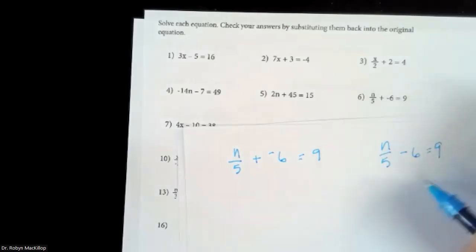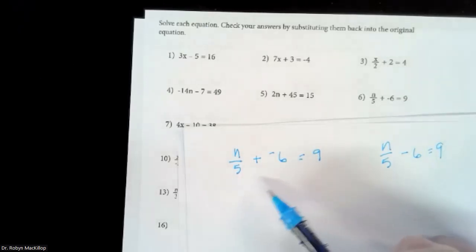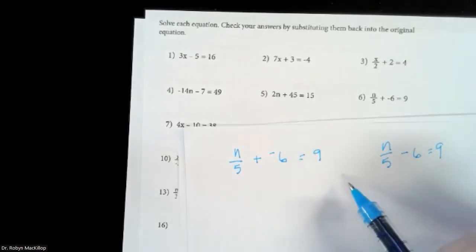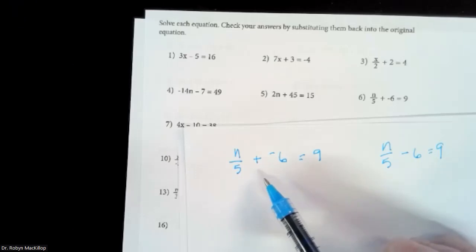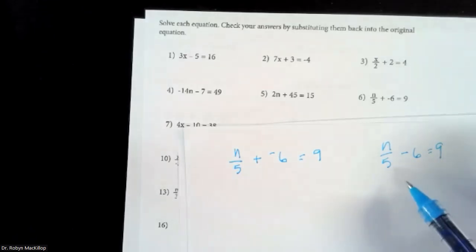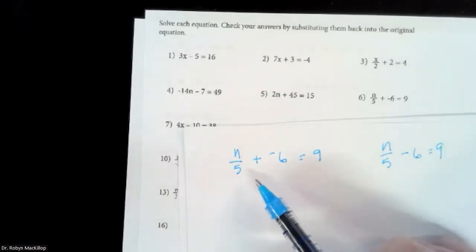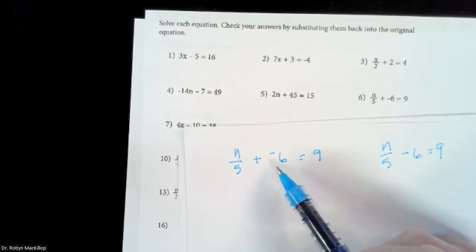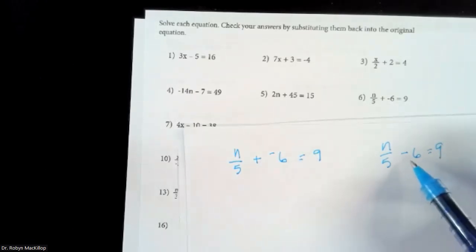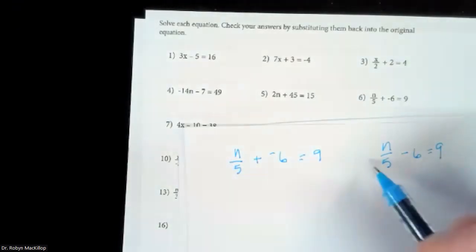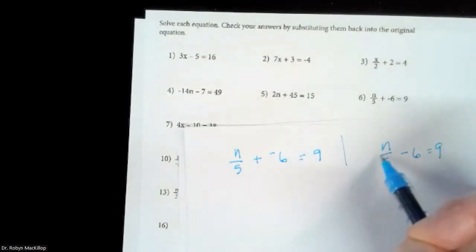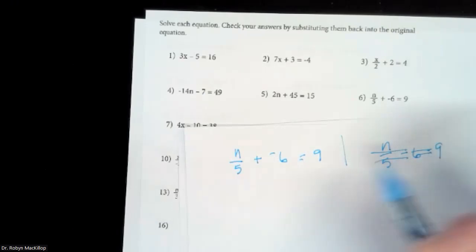These are the exact same problem. So whichever one works for you, if this makes more sense to you, use it. If this one makes more sense to you, use it. But anytime you've got plus a negative, it's as if the plus sign didn't exist. So I'm going to do this one because that's how it's written. So we won't do this one right now.